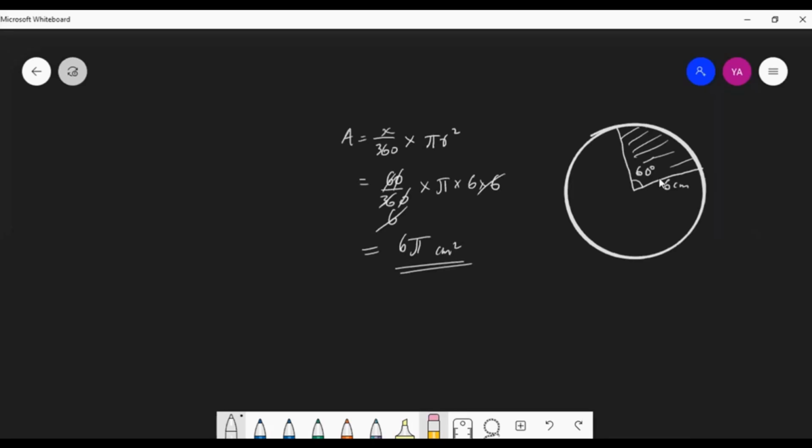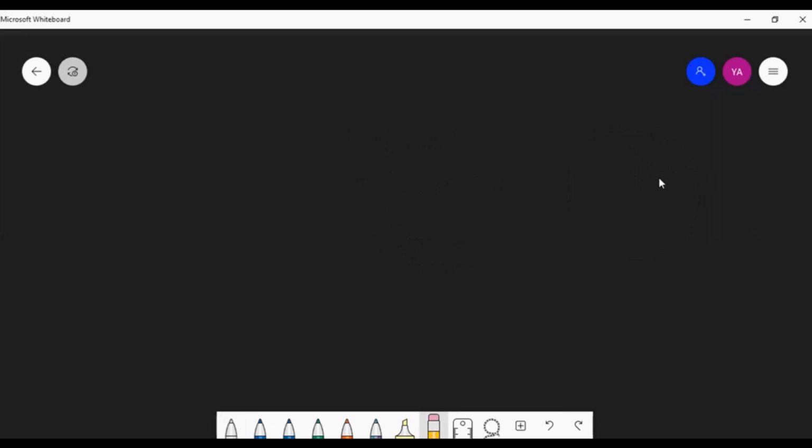This is the idea. Sometimes the value of pi may be given inside the bracket in the question, using 22 by 7 or using 3.14. Then you want to use that value. And in some questions, you may have to convert into rupees, the amount for painting, the amount for fencing.